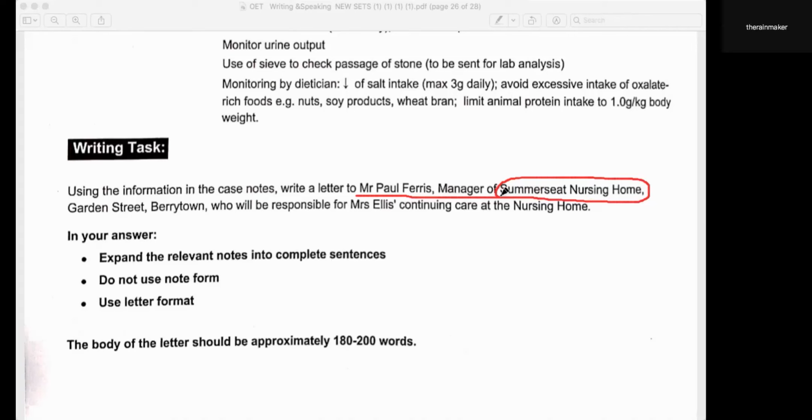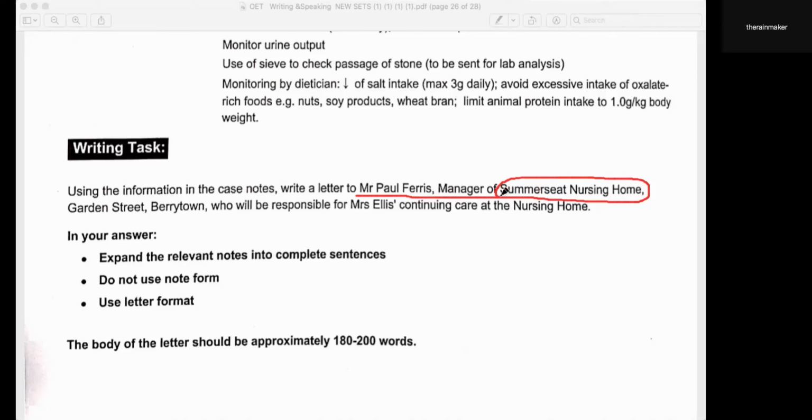The other is writing to non-medical professionals such as social workers, managers, directors. Then there's one between these two extremities, allied healthcare professionals, that'll be occupational therapists and physiotherapists. They're not exactly healthcare professionals, but they're assisting the healthcare professionals.